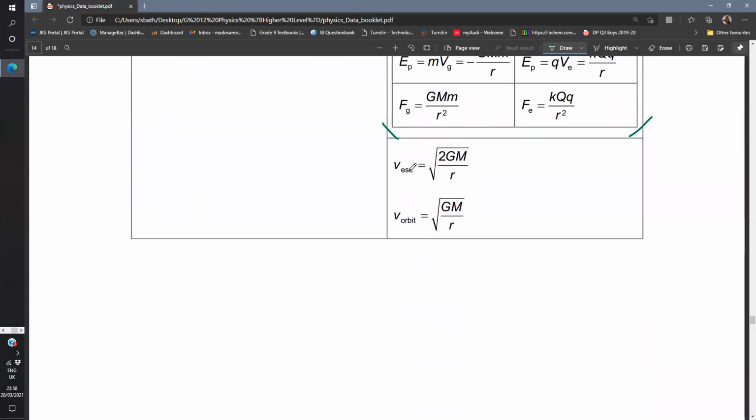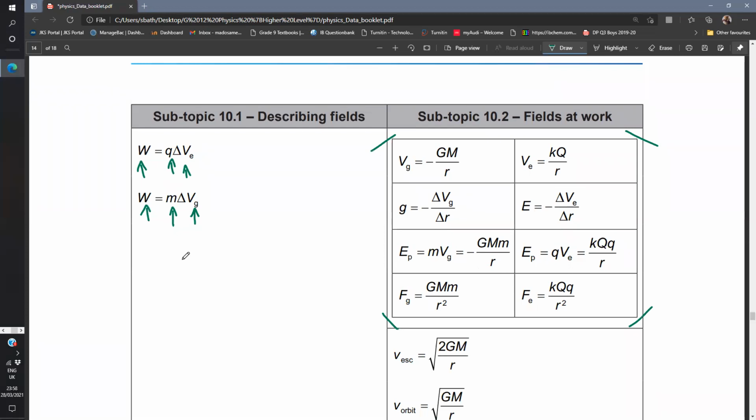However, now I want to derive the escape velocity. So first of all, we say F of c is equal to G M over r squared. Then mv squared over r is equal to GMm over r squared.